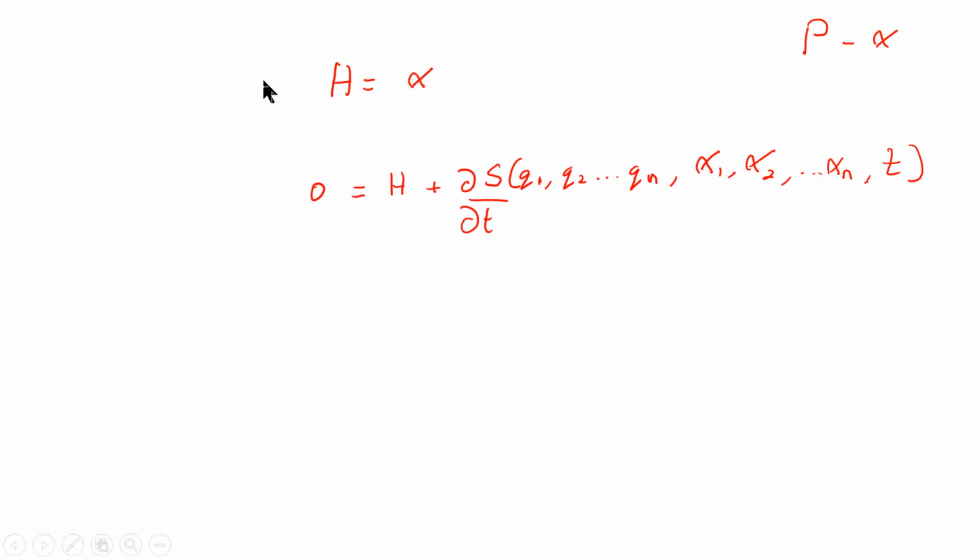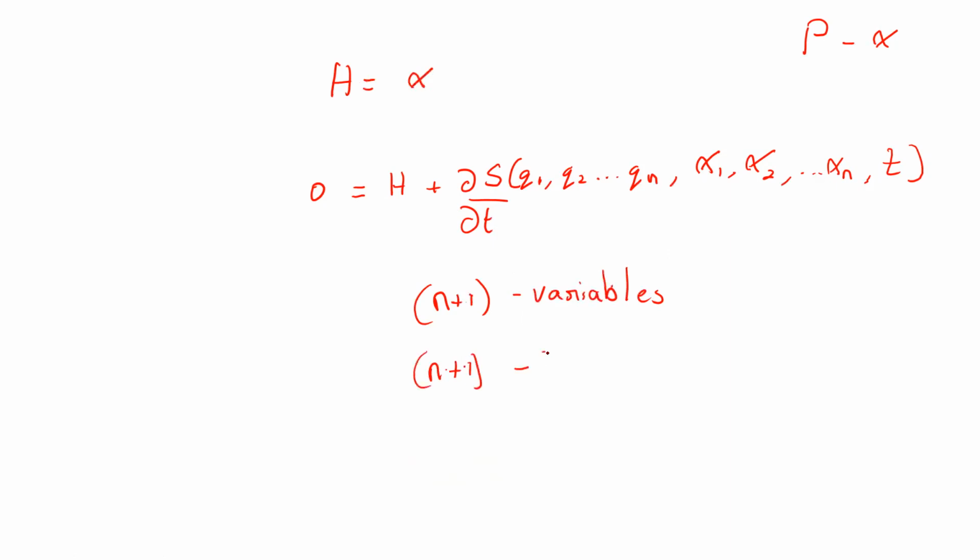Notice that this is a partial differential equation of S in n plus 1 variables. So here we have n plus 1 variables. When you solve this partial differential equation, you will get n plus 1 constants of integration.